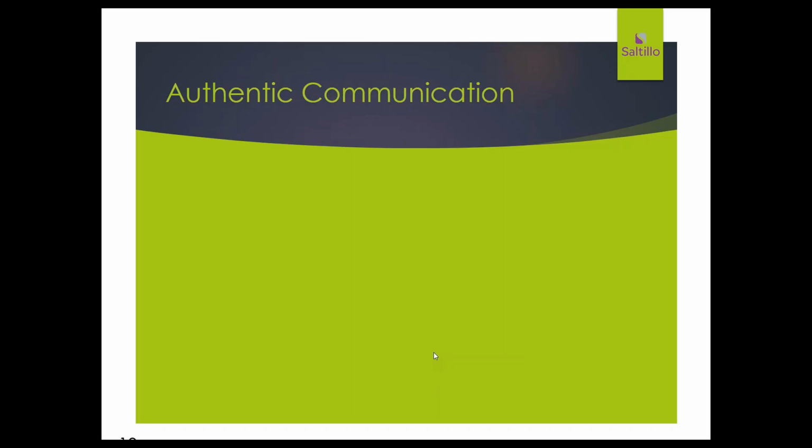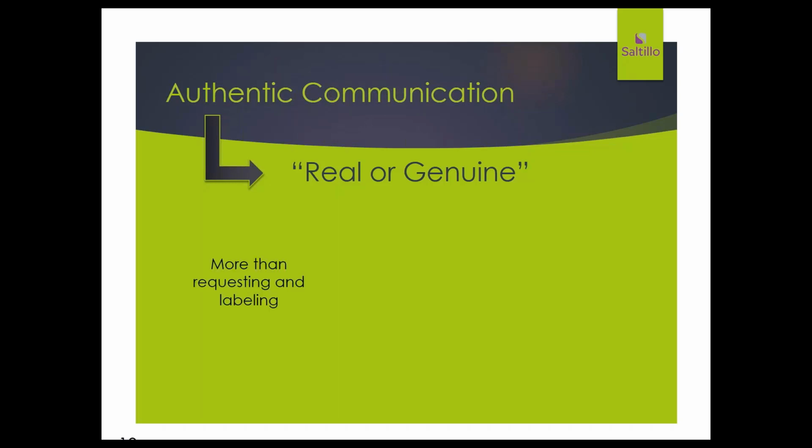So we're going to get started with authentic communication and what that really means. If we grab out a dictionary, good old Webster, they refer to authentic as something that is real or genuine. When we think about that in the communication sense, everyone wants to communicate in a variety of ways for a variety of different reasons. But when we think about something that's real or genuine, it's sometimes more than just requesting or labeling, right?